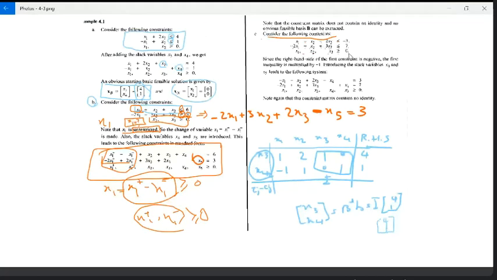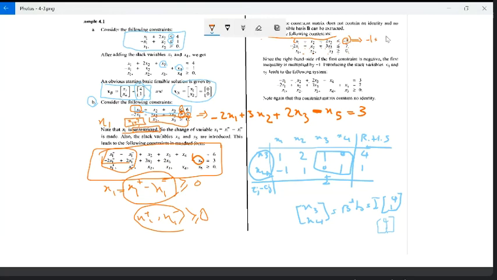For the first constraint, we change it to minus x1 minus x2 plus 2x3 greater than or equal to 3. We must multiply this constraint by minus 1.